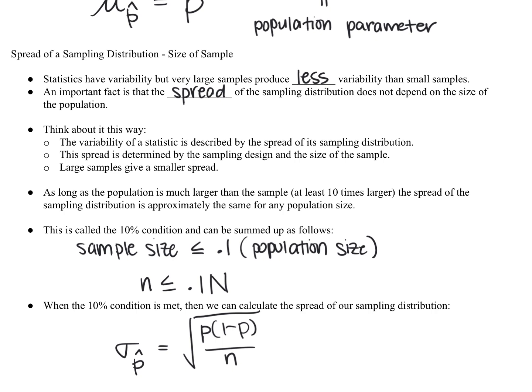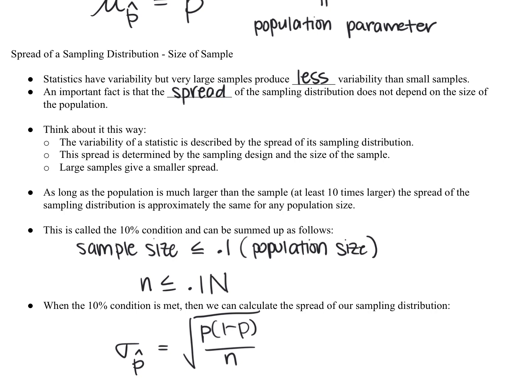It's stated as sample size less than or equal to 0.10 times population size, which is n less than or equal to 0.1 times capital N, since lowercase n is the sample and capital N is the population. When the 10% condition is met, we calculate the spread of our sampling distribution, also known as the standard deviation, using the formula sigma sub p hat equals the square root of p times 1 minus p all over n.